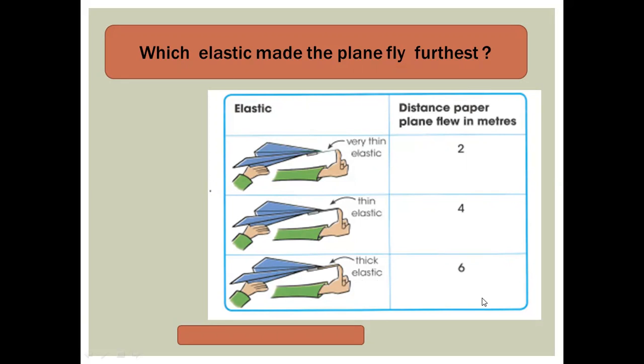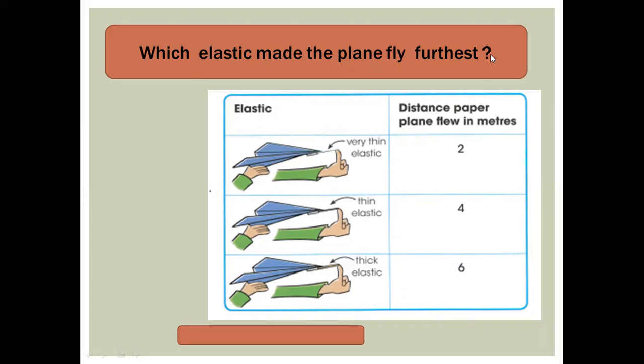Thick elastic, 6 meters. So here is question number 1. Which elastic made the plane fly farthest? Farthest means away, far.